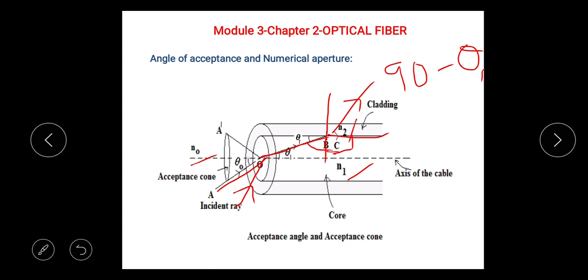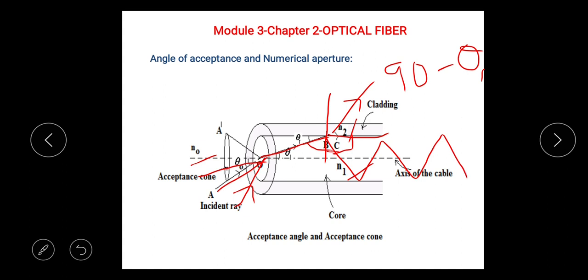So let us take one more case here. Take another ray of light which enters the core and its angle of incidence is less than theta naught. Now that ray again refracts along OB, but it does not refract, it undergoes total internal reflection.